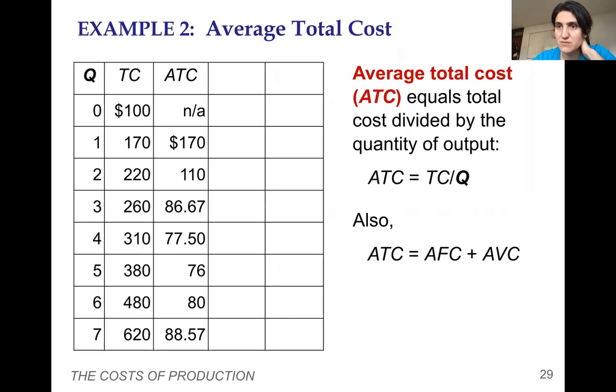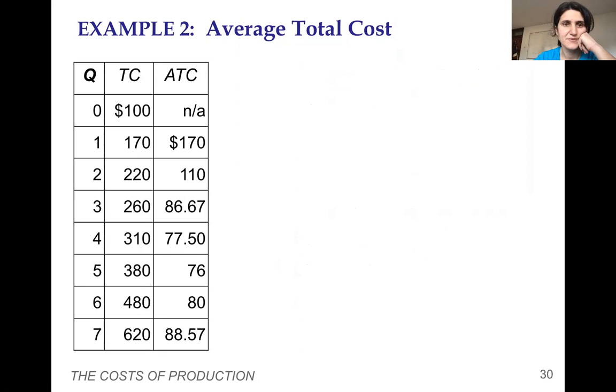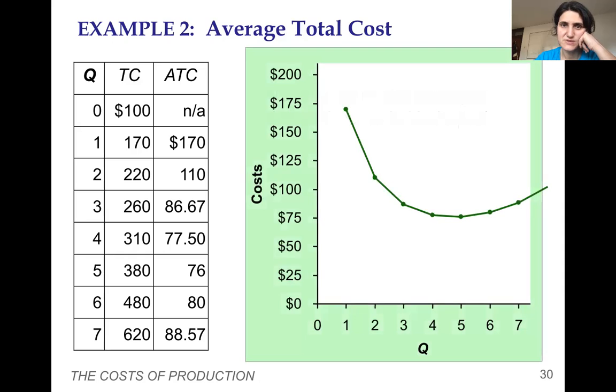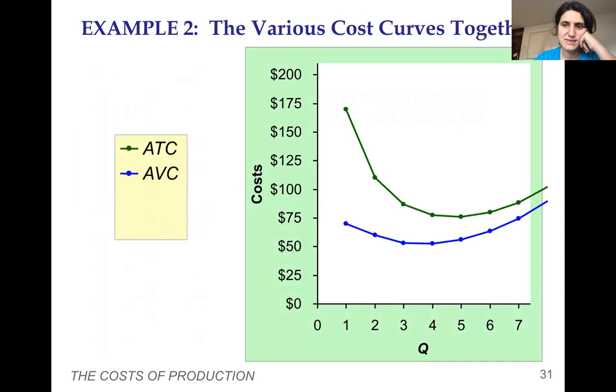If you divide both right hand side and left hand side by Q, you're going to obtain this average cost. And then usually, as in this example, the ATC curve is U-shaped, something like this. And then average variable cost is similar.